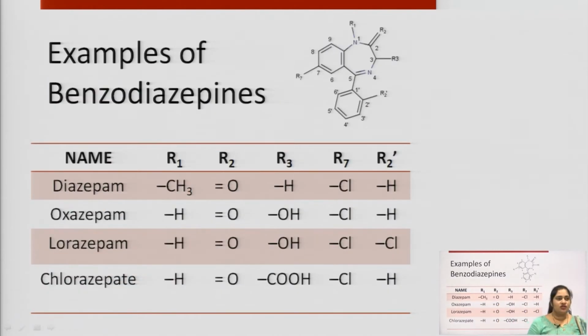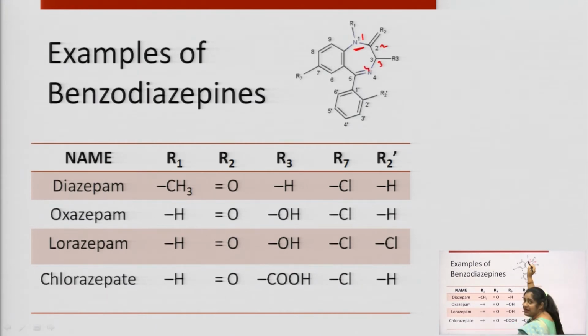These are the structural examples of benzodiazepine. Before starting, we should know the naming of benzodiazepine by numbering its ring. Since we have 2 nitrogen atoms, we must get started with a nitrogen atom. So we have numbered this nitrogen 1, then 1, 2, 3, 4.